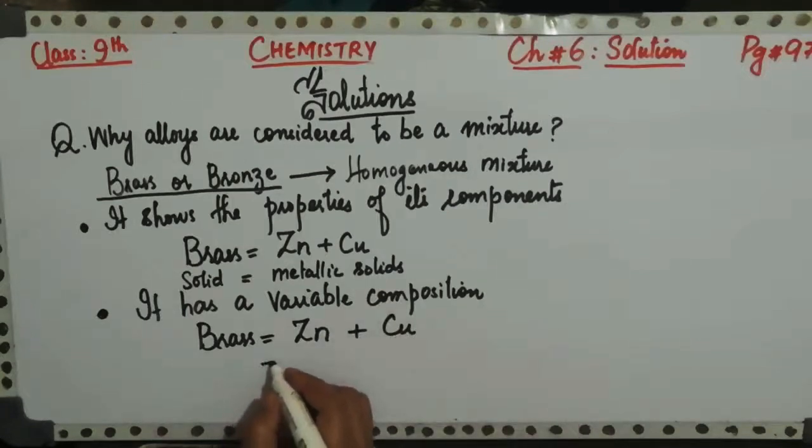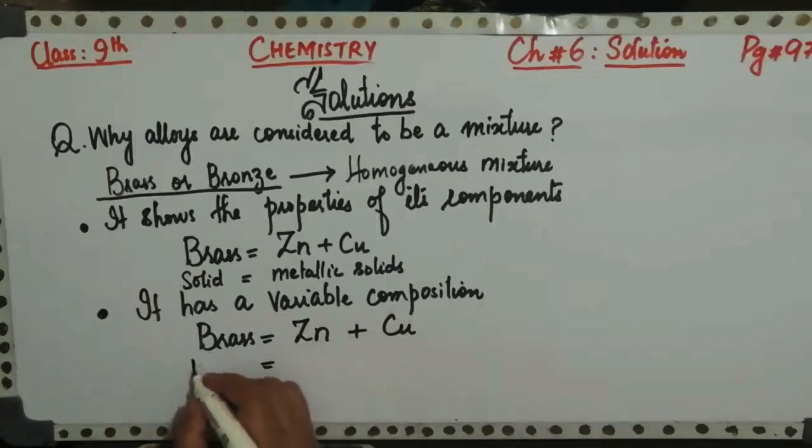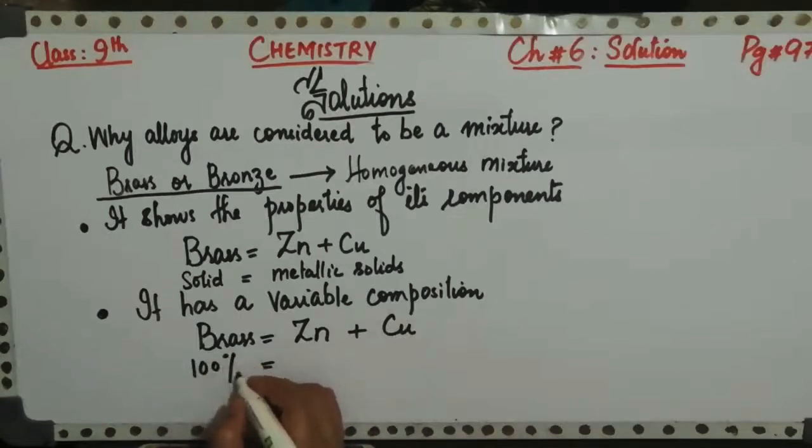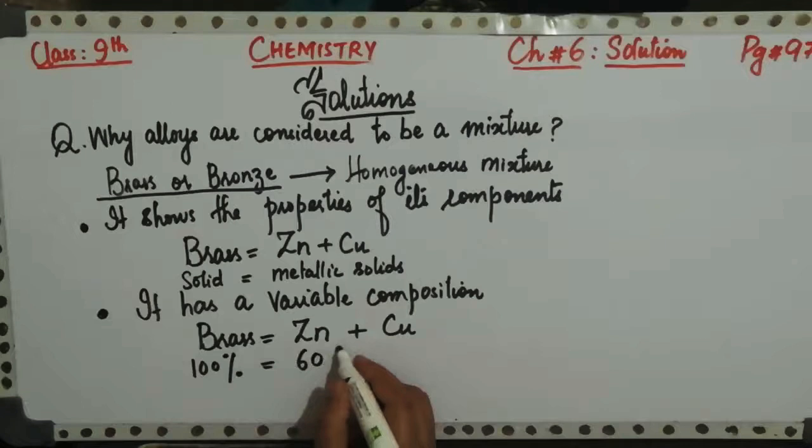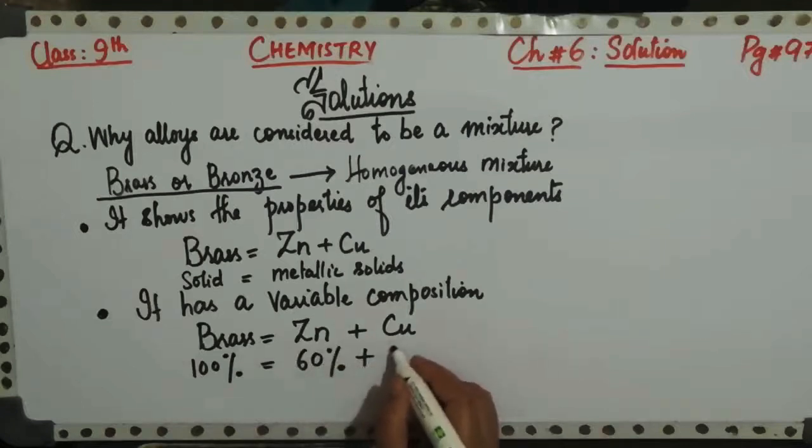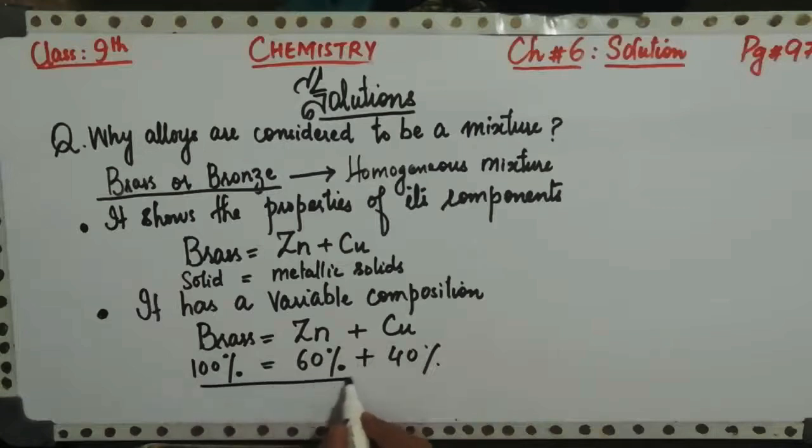So we can say that in one case, if you want 100% brass, you can add 60% zinc plus 40% copper. But it is not necessary that always you have to take the same composition, because this composition can be changed due to some passage of time.